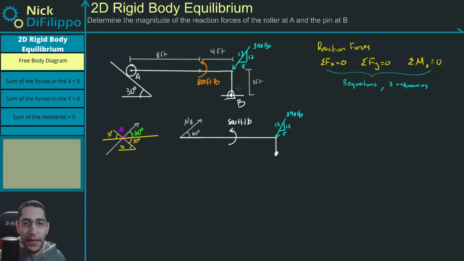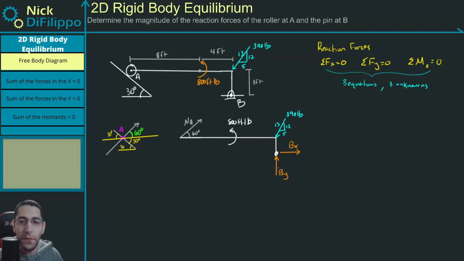Now, point B is a pin. A pin has two reaction forces. One reaction force is going to be up, and this is going to be this reaction force By. The other force is going to be to the right, and this is going to be a reaction force Bx. Now, the trick when we don't know a reaction force, we don't know Bx and we don't know By, is that we want to assume positive.